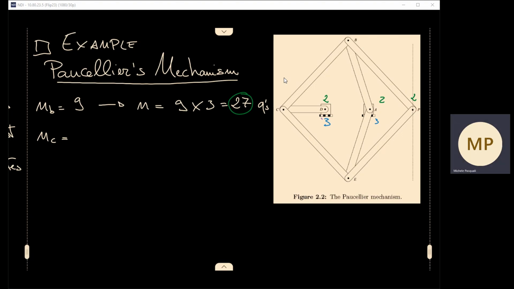Why? Because here we have these 3 hinges, but these 3 hinges connect 3 bodies. So how many constraints do you need here? Actually, sorry, this is 2. Oh, but this is not 2, because here, in fact, you have 3 bodies connected.